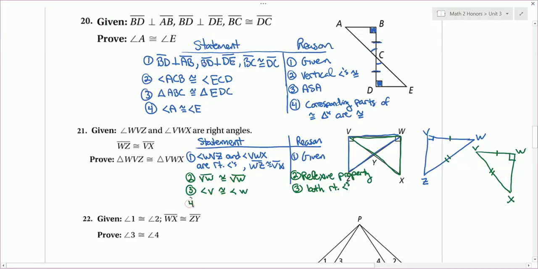So our last statement, triangle WVZ is congruent to triangle VWX by hypotenuse leg.